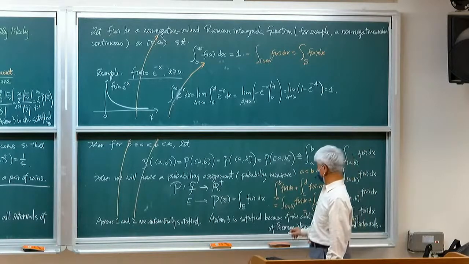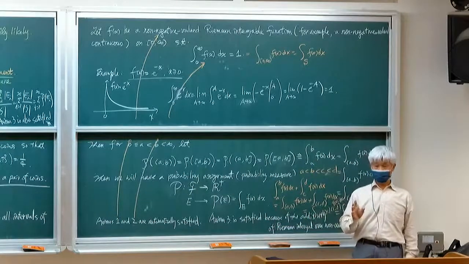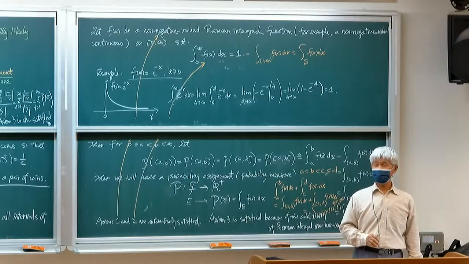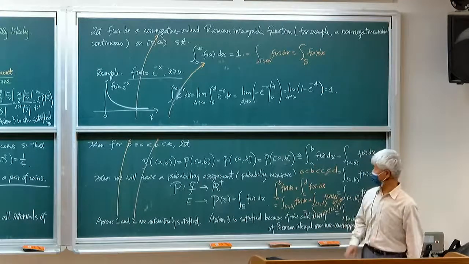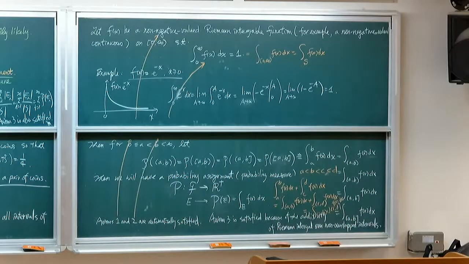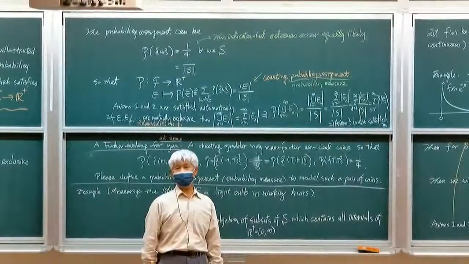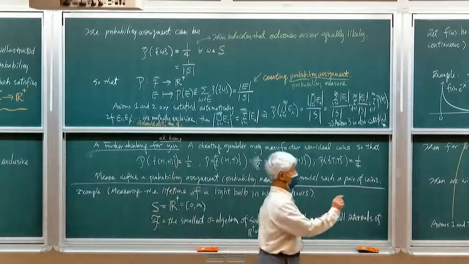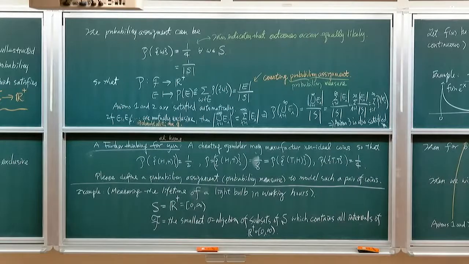Okay, but the proof is a little bit intriguing, I know, because as we mentioned, axiom number 3 is countable additivity. So you have to consider countably many mutually exclusive intervals, right? So you have to extend this from only two intervals, or a finite number of intervals, to countably many intervals. So you have to have such an extension.